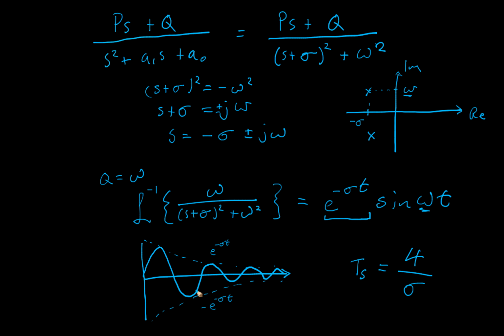The sigma tells us how fast it's decaying, the omega tells us how quickly it's oscillating. We could stop here and we actually get a complete description of our system response. But there's another representation of this second order system which is very widely used, and that's because it allows us to tell a couple of other things about the system response very easily.